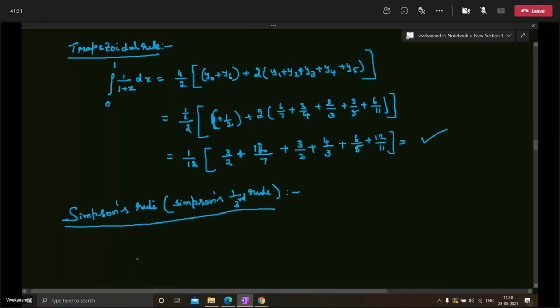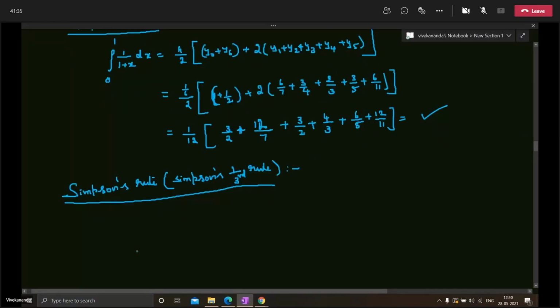So here also, integration from 0 to 1 of 1 by 1 plus x dx is equal to h by 3 into the sum of the first and last ordinates, plus 2 into the sum of even ordinates y2 plus y4.